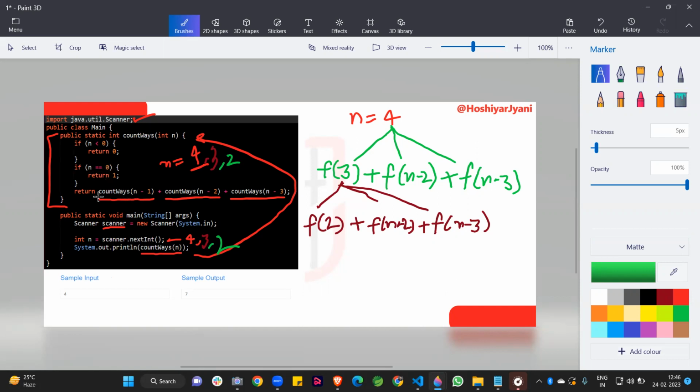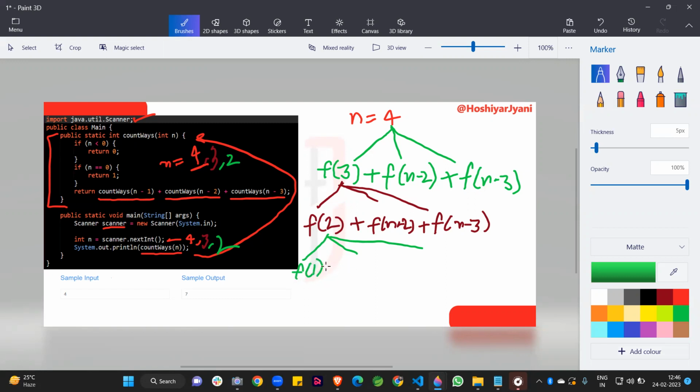After that, the recursive function is called again. At that time, we again draw the 3 lines for our 3 methods. So f of 2, we solve this. The value of n is 2. So n minus 1 is 1. So f of 1 here. Okay, guys. F of 1.